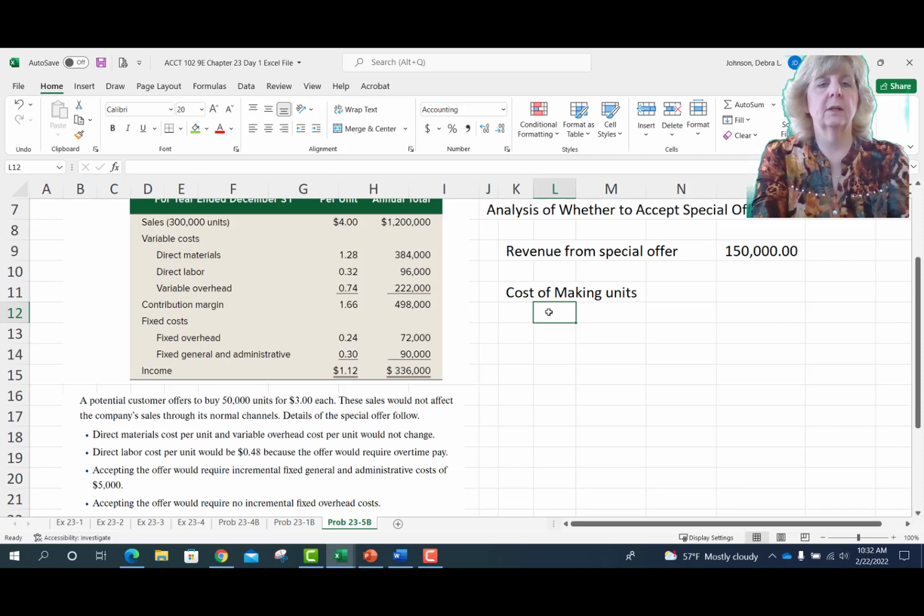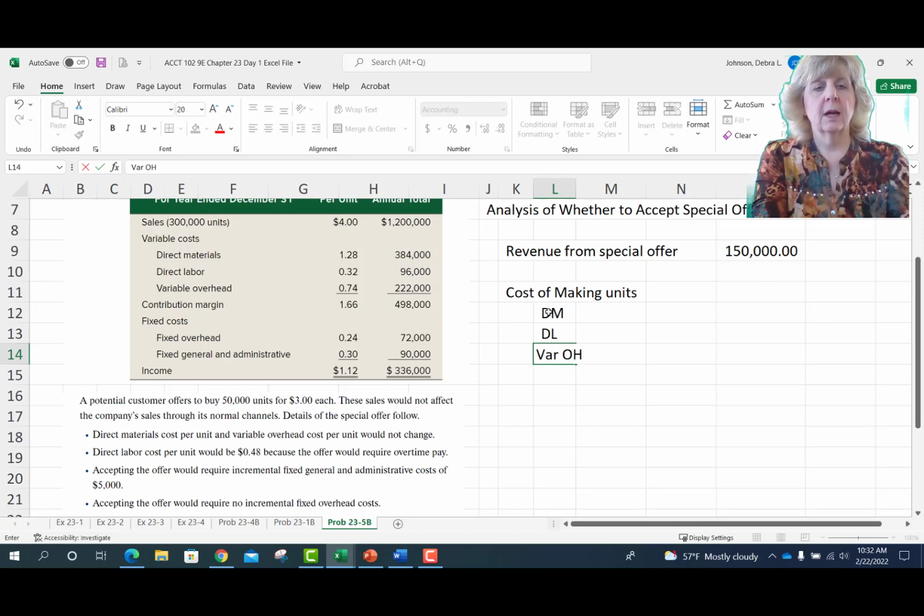So here we would include the direct materials, the increased direct labor, the variable overhead, and then in addition to that, we would have that one-time fixed incremental cost of $5,000. I'll probably split this up into the variable cost, and I'll put that fixed cost down here.